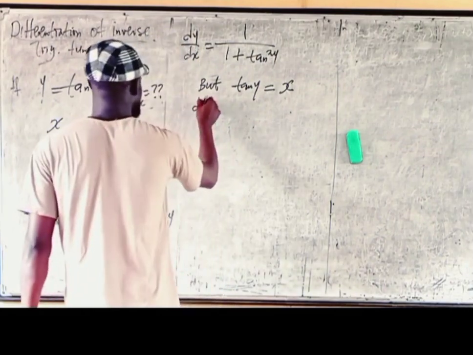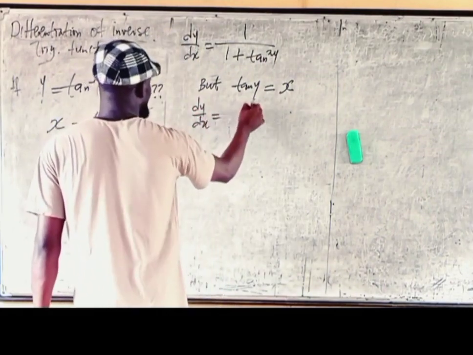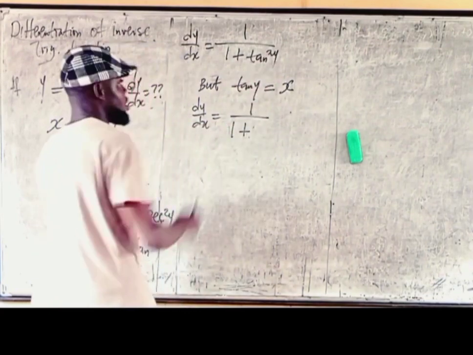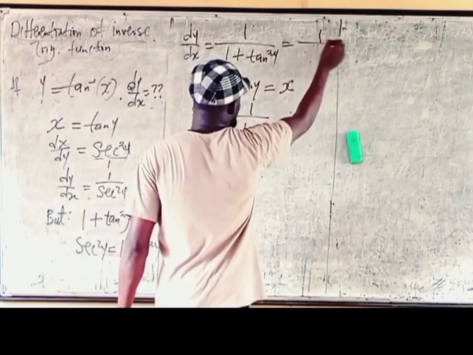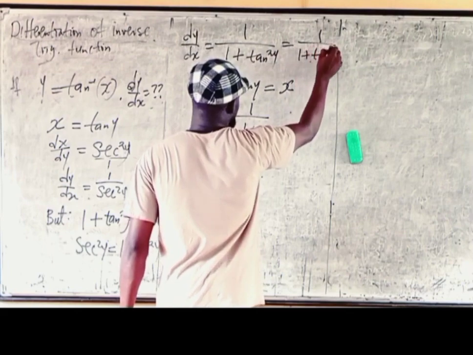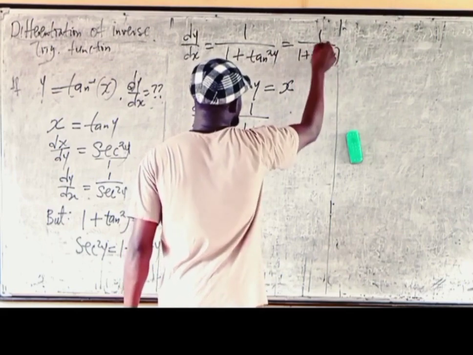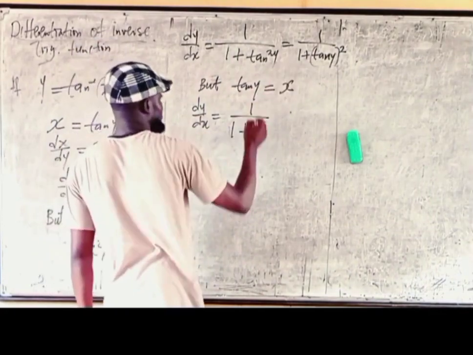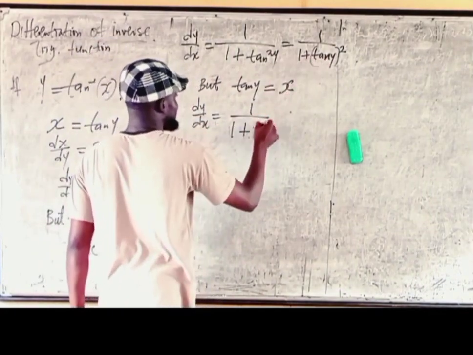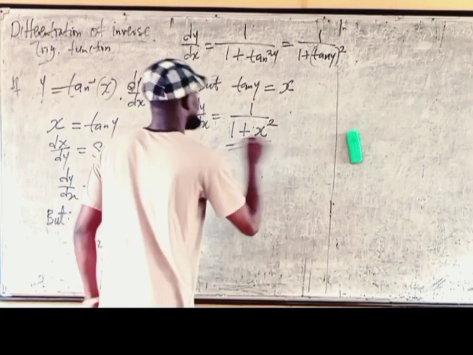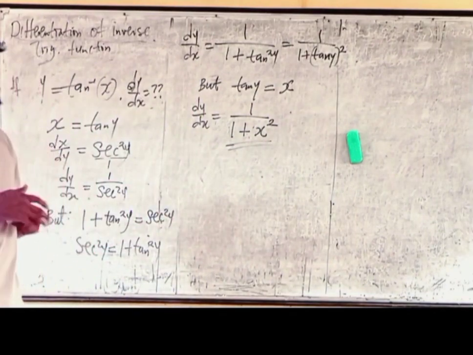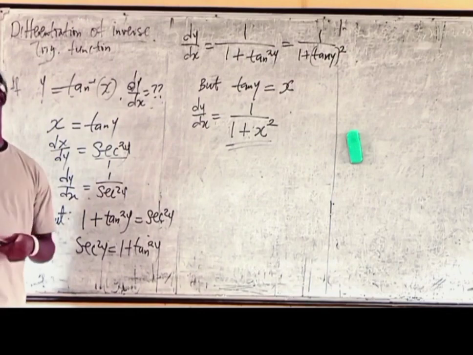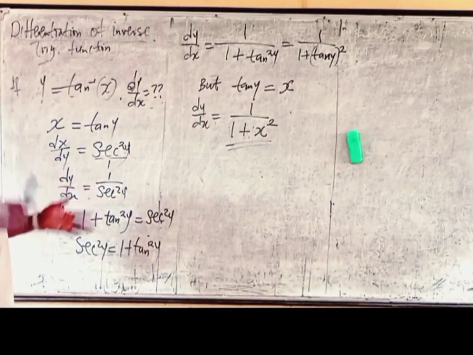Then it can be said to be 1 over 1 plus tan y, everything to the power 2. So we can say tan y is x, everything to the power 2. So if you differentiate tan inverse of x, the answer will be 1 over 1 plus x squared.